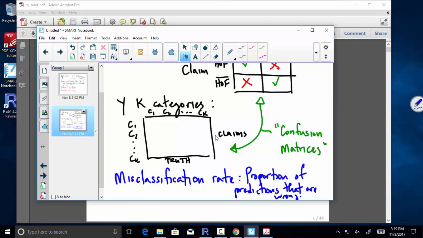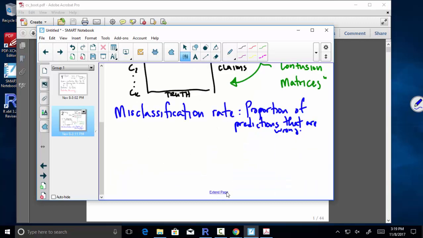Another relevant quantity that is used is balanced accuracy. You're asked to use this in your homework.